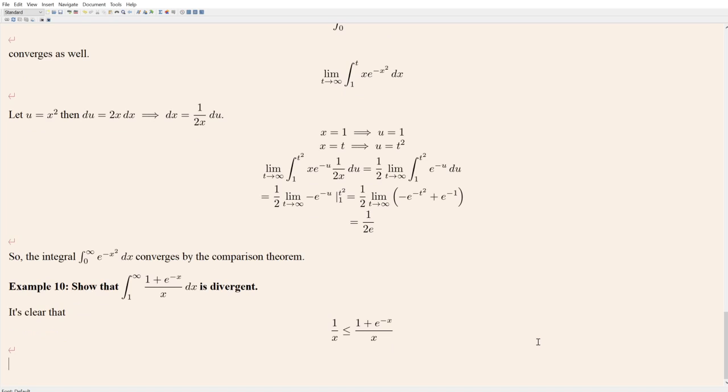Now, why is this an effective comparison to make? Well, because we already know that the integral of 1 over x diverges, as you go from 1 to infinity. So that means this integral also has to diverge.